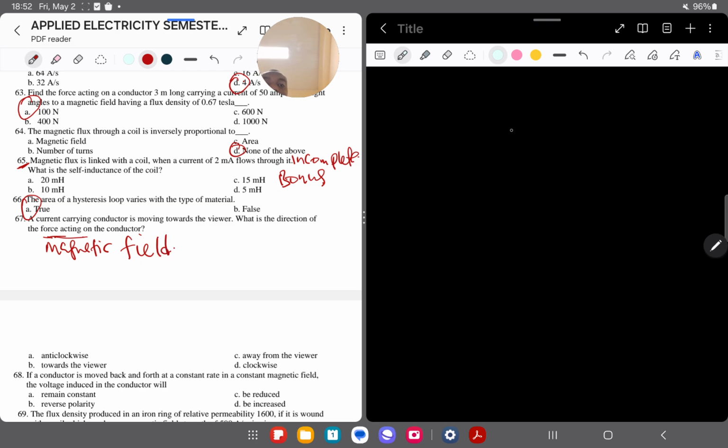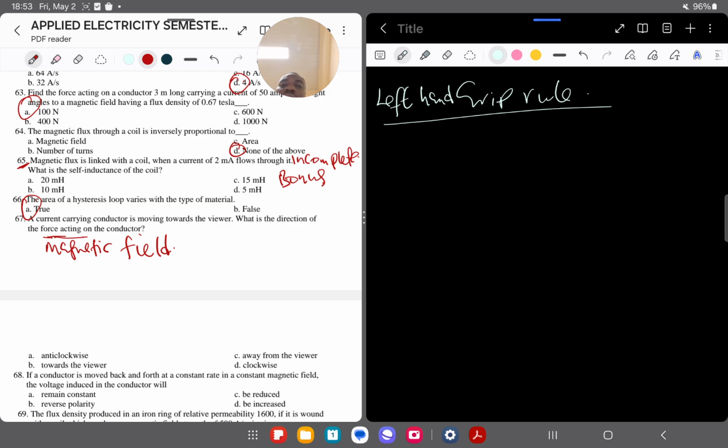So if you have a current carrying conductor, and we have been told that the current is moving towards the viewer, we can use the grip rule, especially the left hand grip rule. This is moving towards the viewer.